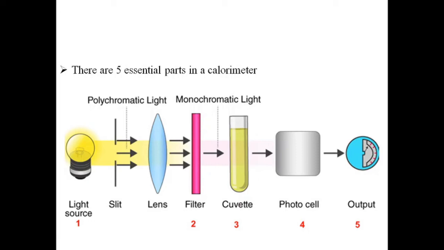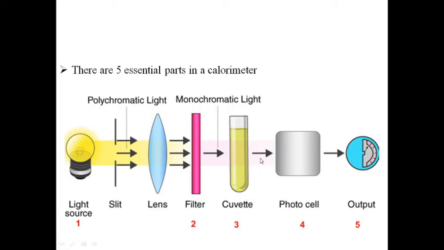Now here is the key role of it. The light which is falling on this is I0. Either it will be absorbed, so this will be IA. If it is reflected, then it will be IR, and the remaining light which is emitted through this solution will be the light transmitted.